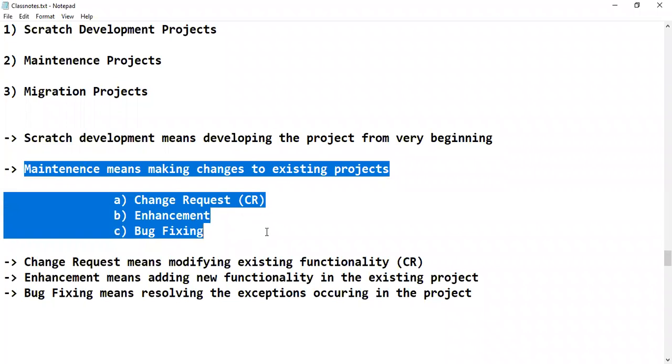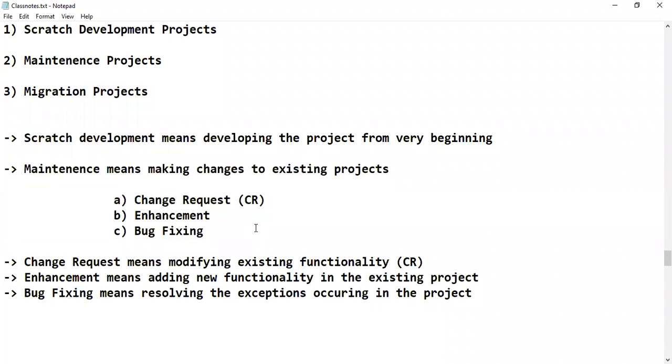Maintenance project means you are going to modify the code which was done by another developer. It is very difficult. Writing the code on our own is easier than modifying code done by others. Change requests may come. They may want us to change the existing functionality in the project. That is called a change request. The next one is enhancement.